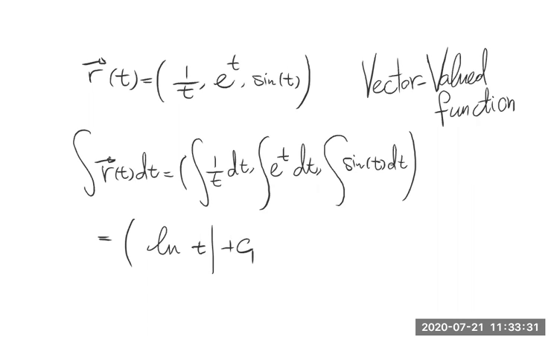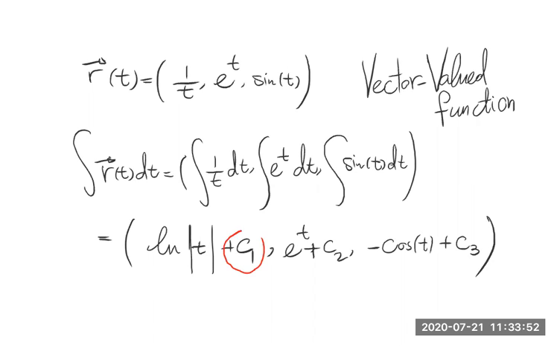Yes. What is the integral of e to the t? Yeah, that's correct. The integral of e to the t is itself, plus a constant, and the integral of sine would be minus cosine, plus another constant. These constants can be different constants. That's why I show them with C1, C2, and C3.